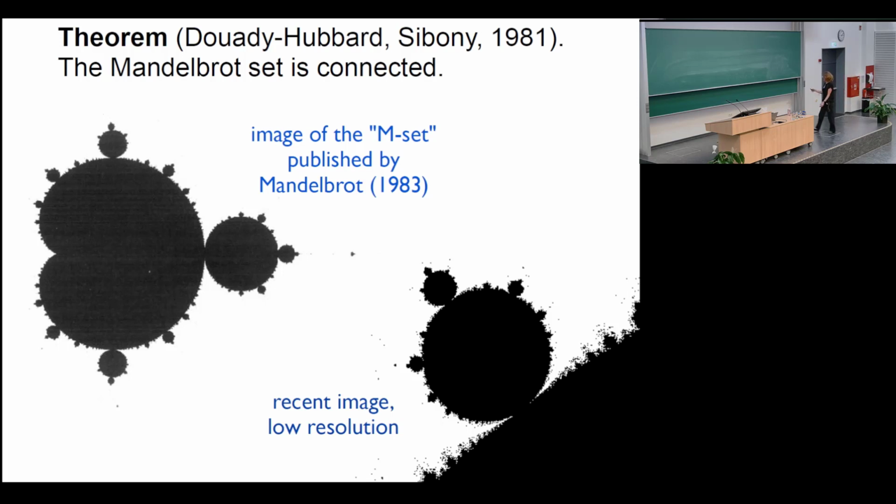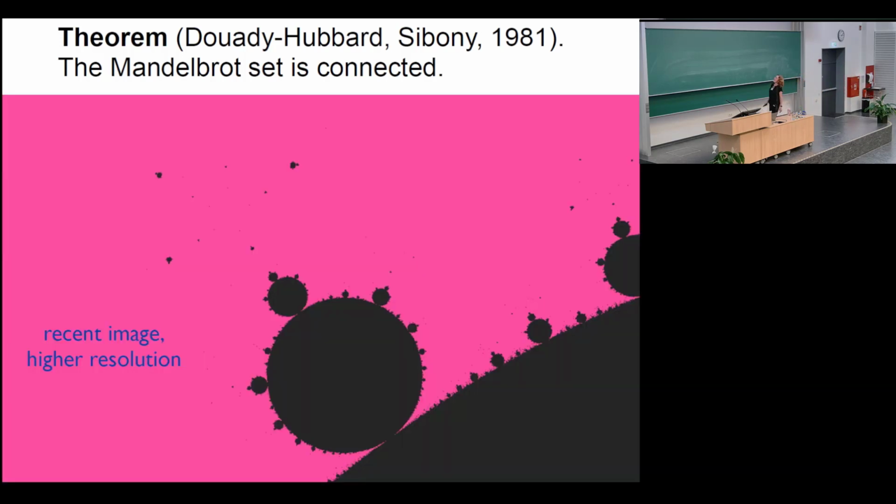Again, it's not obvious that it was connected, but I want to say, actually, that the disconnectedness, in terms of how it looks, is not an artifact of computer graphics, or just setting my computer to have low resolution. Even if you increase the resolution and you have a lot of computing power, your set will still look disconnected, at least if you draw it this way, just in a black and white or a black and pink picture.